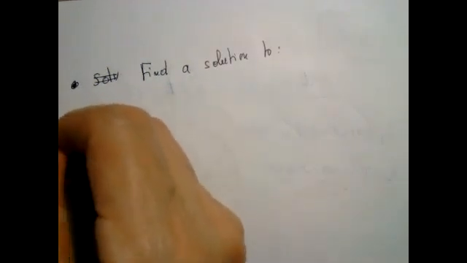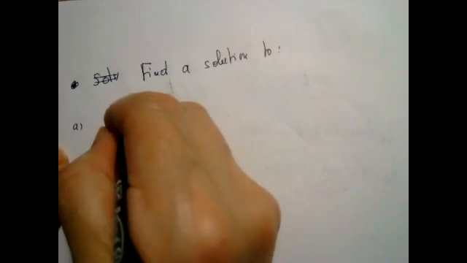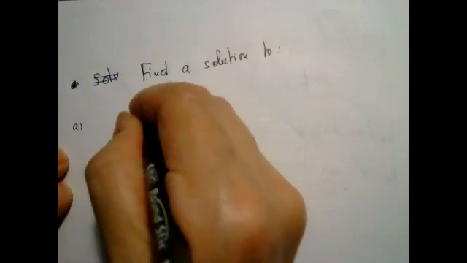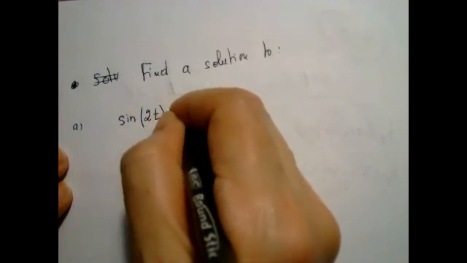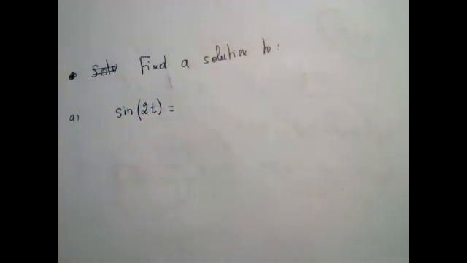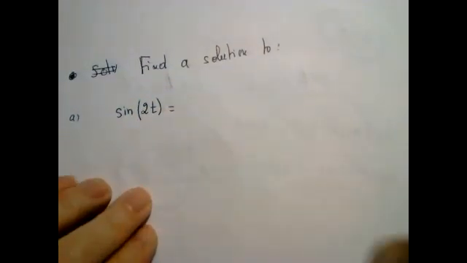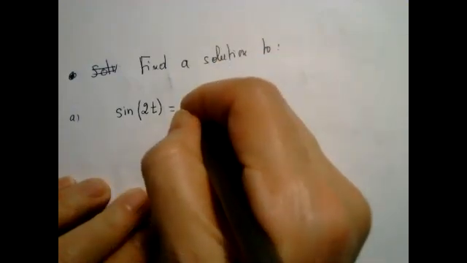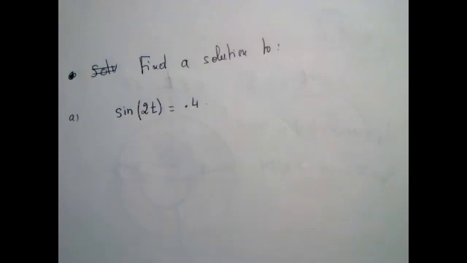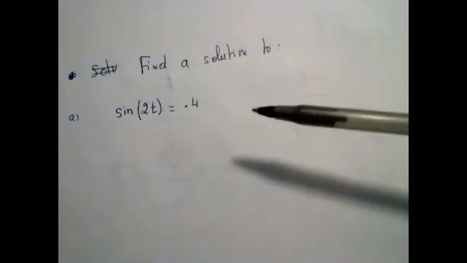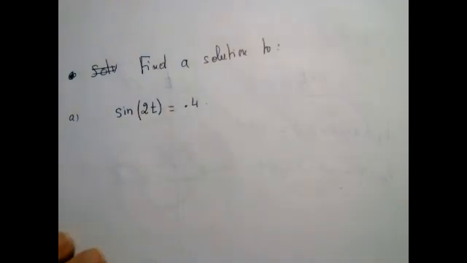A, sine 2t equal to 0.4. Watch carefully what I'm going to write. Okay, so I want to find a solution for that. Now, be careful here. Inside the sine, I don't have t, I have 2t.